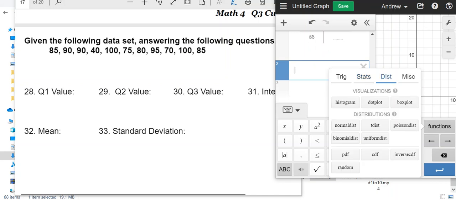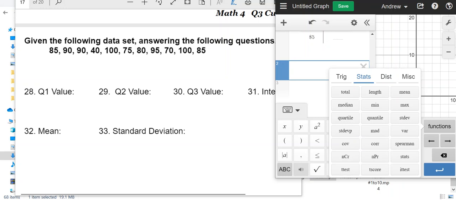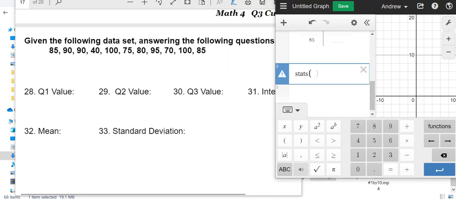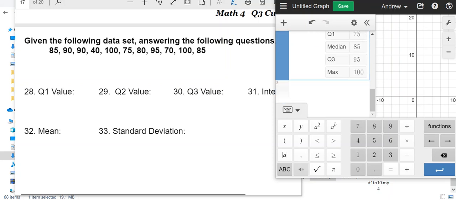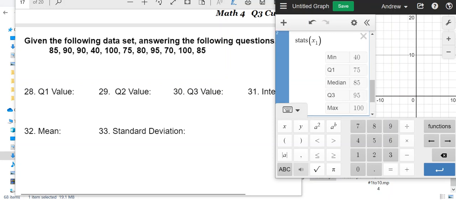Maybe it was this. Well, we can throw all of these. Oh, there was something on here. Stats. That was it, I'll bet. Yes, it was. You type in stats, and it gives you a bunch of these.